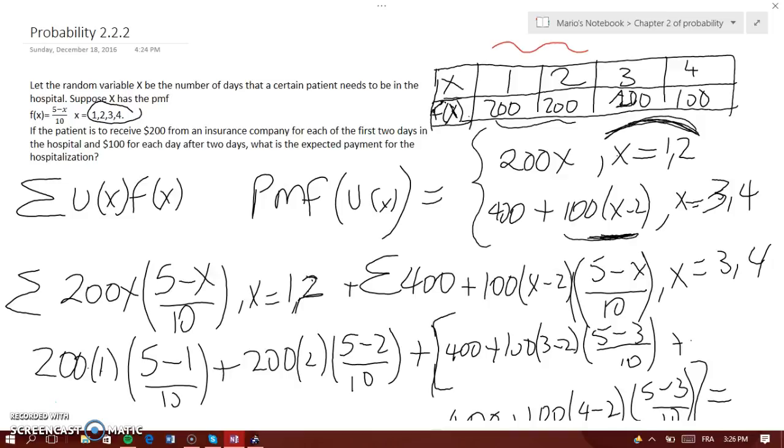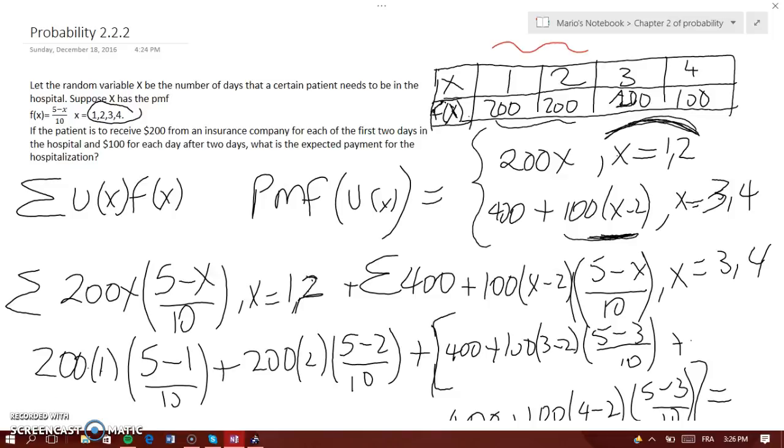So if you spend 2 days, you will walk out with $400 in your pocket. But here we have 1, 2, 3, and 4, so when you get out on the 4th day, you're going to have $600.